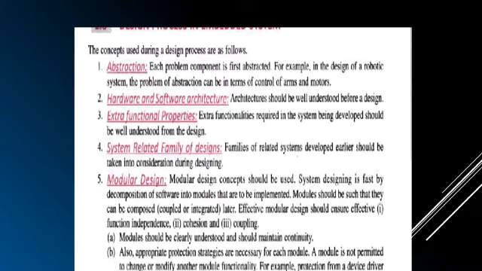Then modular design. The modular design concept should be used because system designing is fast by decomposition of software into modules that are to be implemented. When you decompose the entire program into smaller modules, it will be very easy to write the program code, or a set of people can work on different modules. It reduces the time for writing the code.